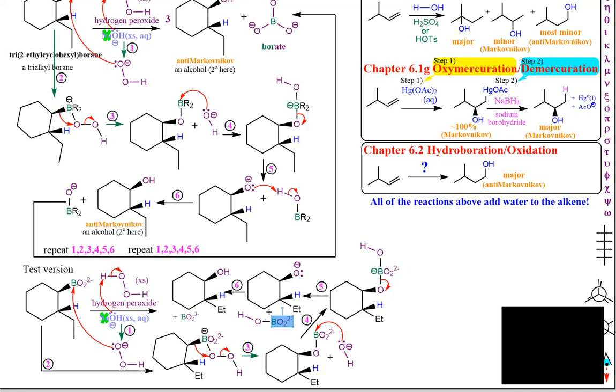And the lone pair on this oxygen is going to do an acid-base reaction. Lone pair on oxygen grabs the proton. Sigma bond between O and H becomes a lone pair on the O, generating the borate ion right here, and the anti-Markovnikov alcohol right up here.